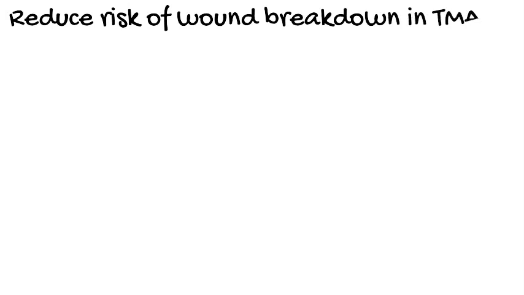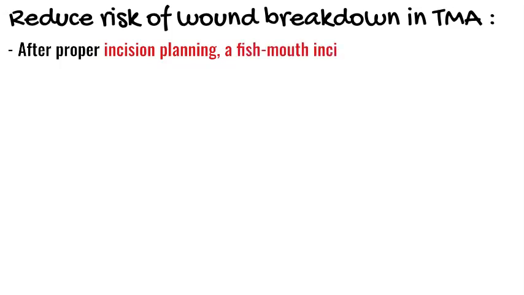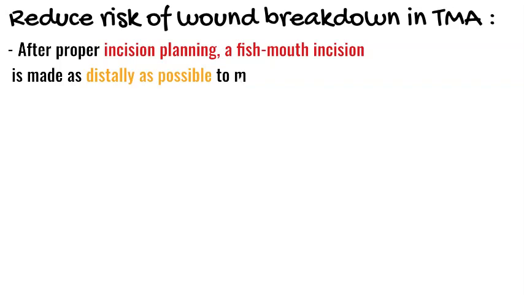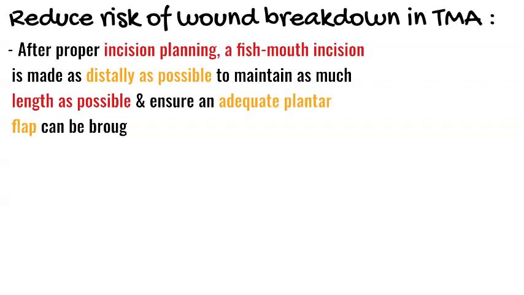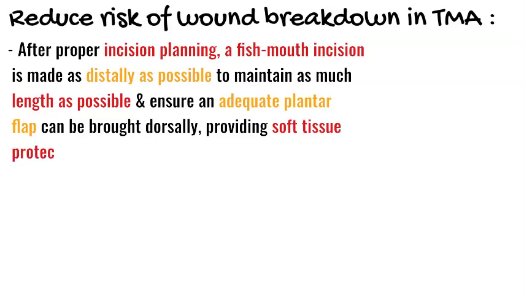How to reduce risk of wound breakdown in transmetatarsal amputation. After proper incision planning, a fish mouth incision is made as distally as possible to maintain as much length as possible and ensure an adequate plantar flap can be brought dorsally, providing the soft tissue protection for the metatarsal head.